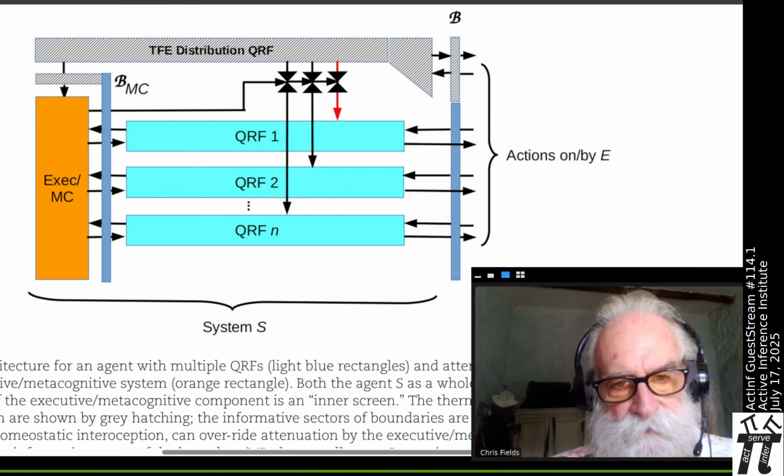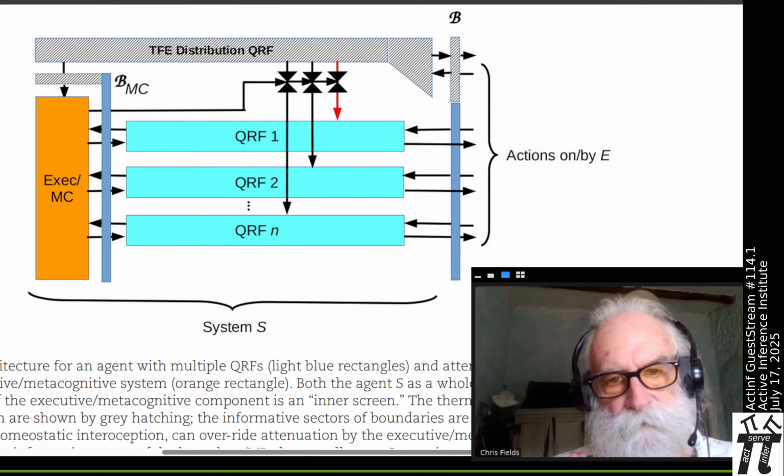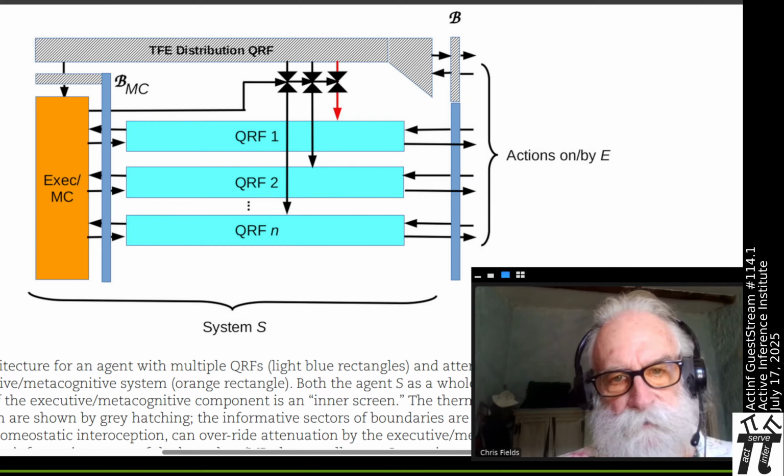And since these perception action loops are exchanging information with this meta controller, there must be a boundary inside. That boundary defines what the meta controller experiences. What the meta controller experiences is the activity state of the perception action loops. That's what it's trying to control.